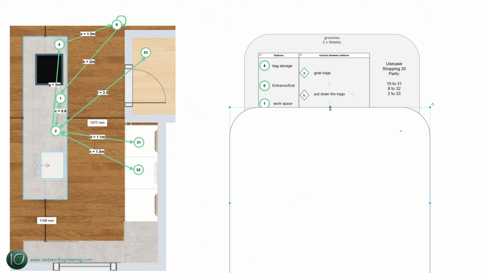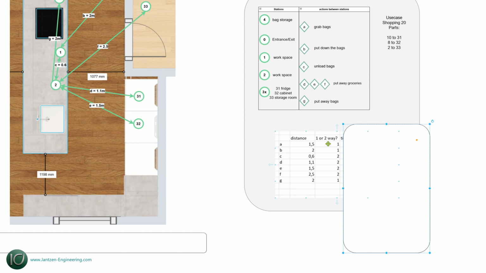In addition to that, we need to know if we are walking these distances backwards and forwards, which are indicated by the arrows, and also written down in a table in Excel. Then it's easy to calculate it directly.